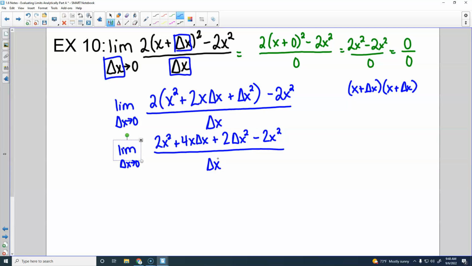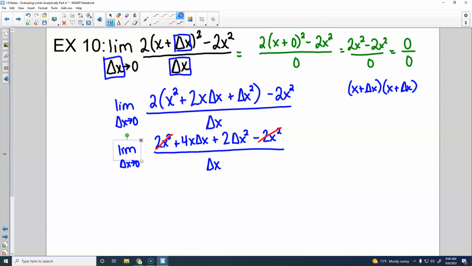Do you guys see anything that will cancel? Okay, 2x squared, negative 2x squared. Those will cancel. And so let's think about what that leaves us. It leaves us 4x delta x plus 2 delta x squared. Is there anything I could factor out of that?